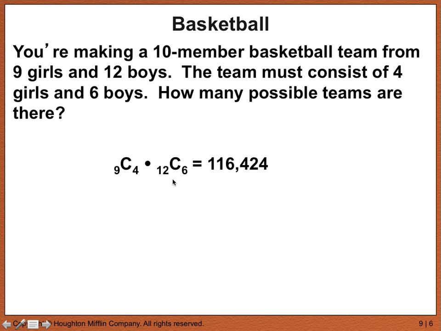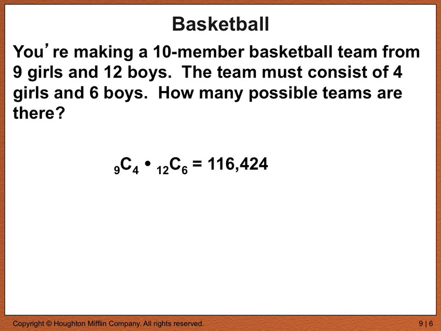And then the 12C6 accounts for the 6 boys who will be on the team. There's a total pool of 12 boys, and that would be our n in this case, 12, from which 6 boys are chosen. And 4 girls and 6 boys will give us a 10-member basketball team.